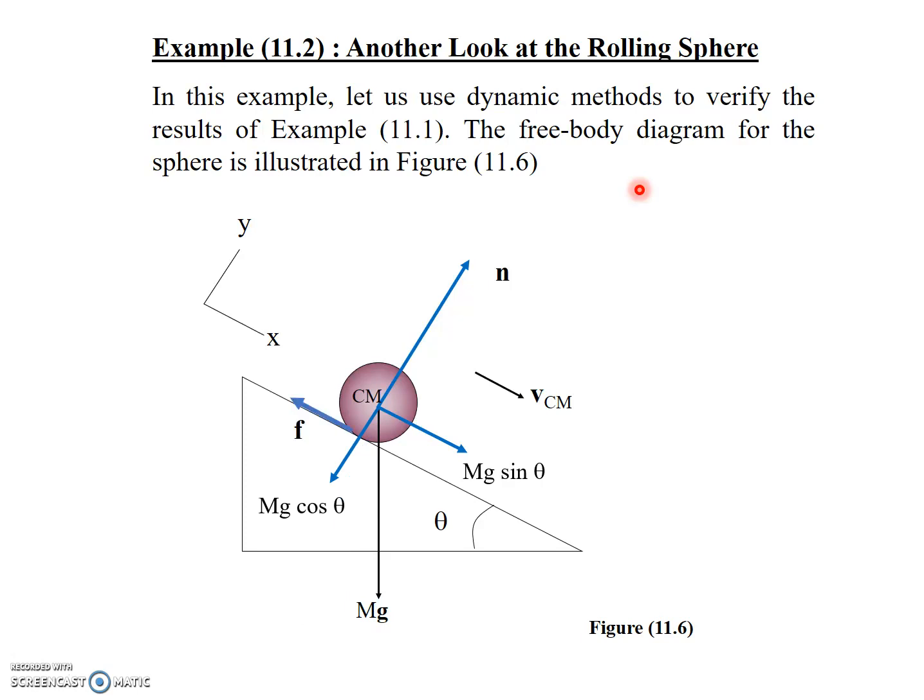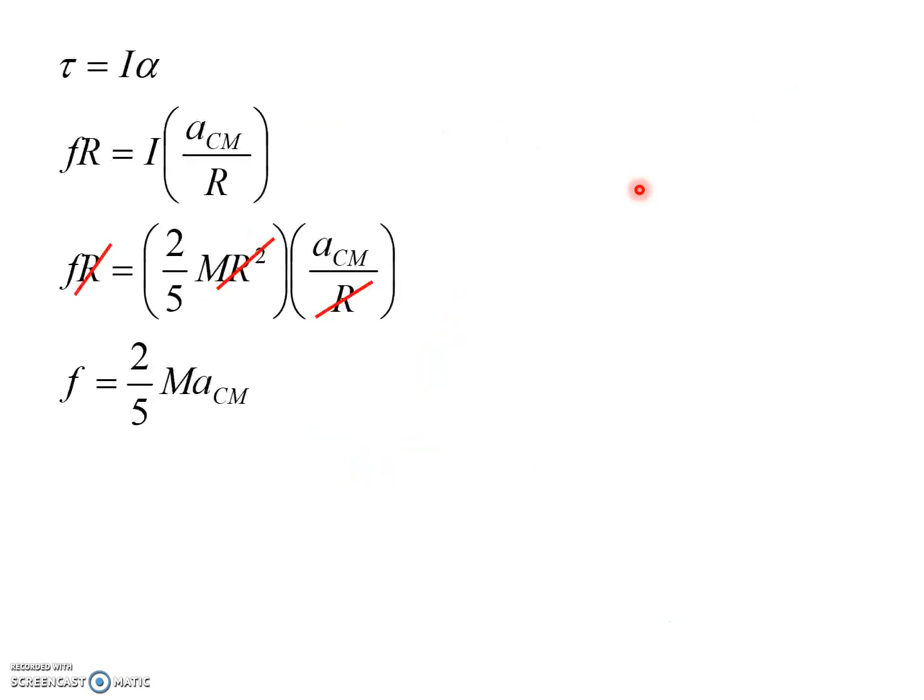We use the equation for torque because the object is rolling. Torque equals I alpha, and the one that produces the torque is the friction force, and R is the moment arm.